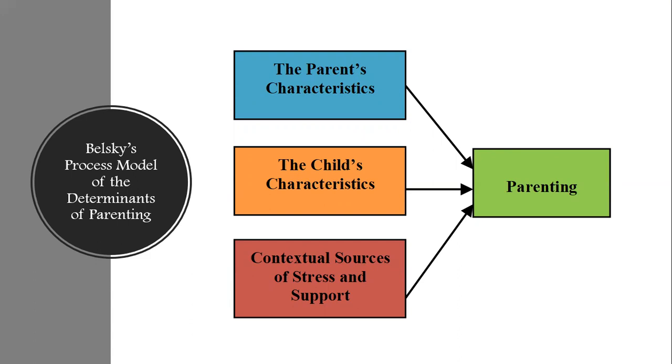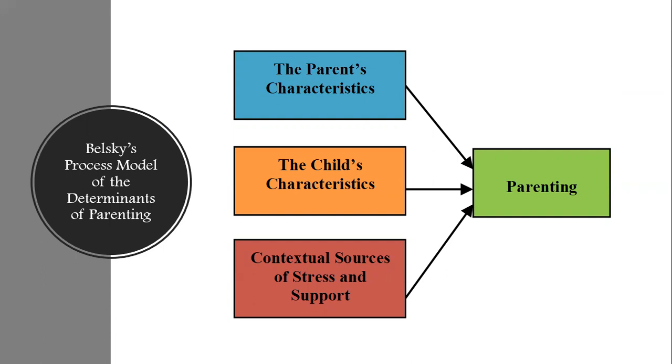And so essentially what this particular theoretical model suggests is that parenting, the outcome of parenting or one's parenting, is influenced by the characteristics of the parent, the characteristics of the child, and also contextual sources of stress and support, or the larger context in which parenting occurs. And so some of the contextual sources of stress and support include things like the marital relationship, the work environment.